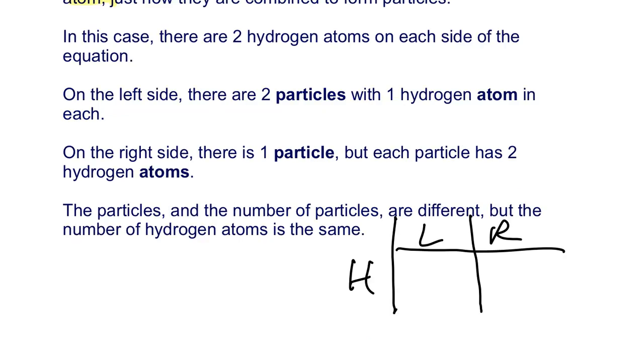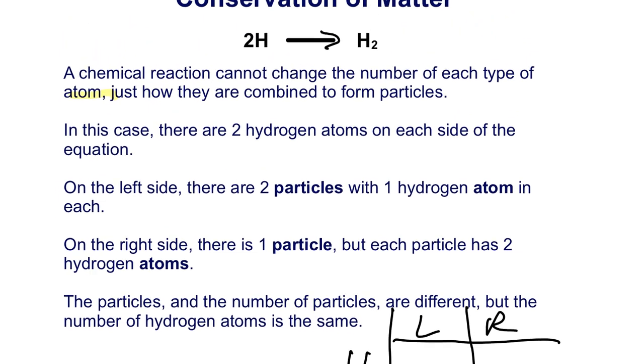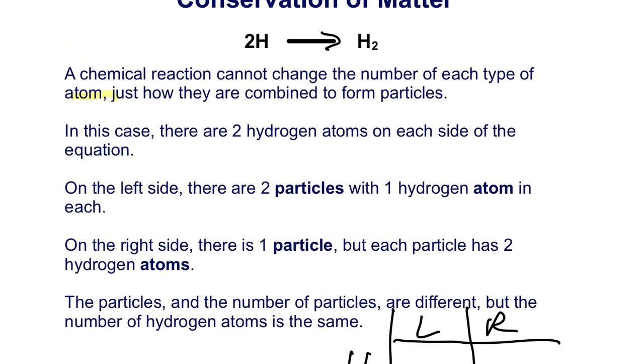Another rule of chemical reactions is that the number of atoms of each element that you start out with, you have to end up with. You can't just have atoms disappear or come out of nowhere. It's called the conservation of matter. Conservation means saving. What you start out with, you have to end up with. No more, no less.